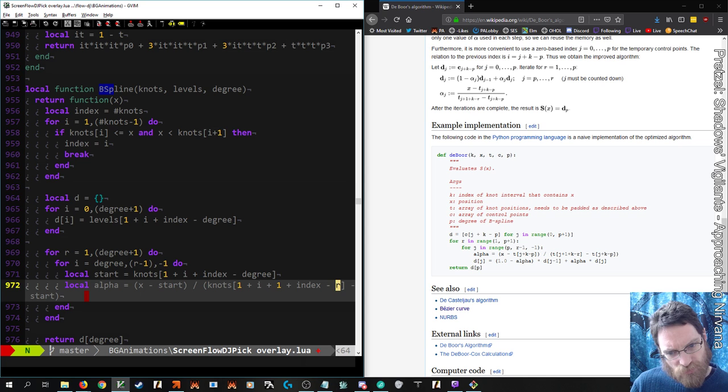So it's always the amount that X is into that. But it's divided by this like moving window of how different, right, and it's index plus 1 offset by the R factor, which is that.